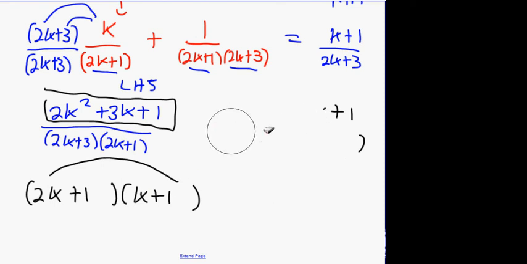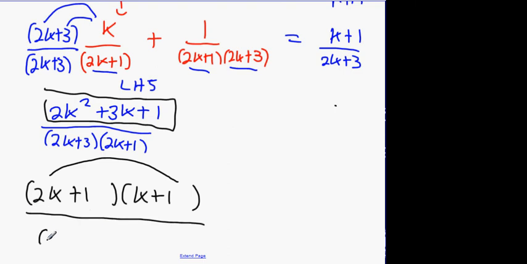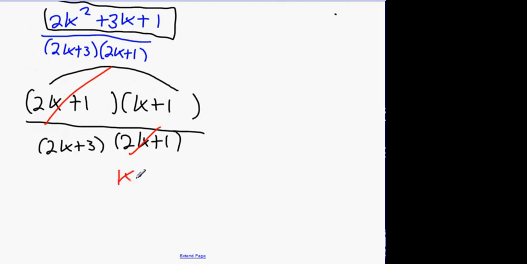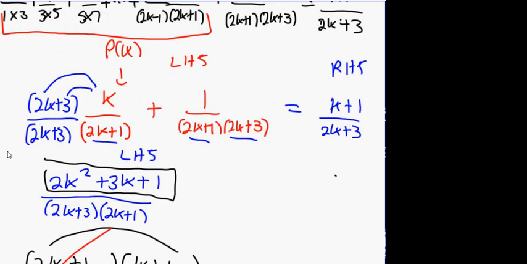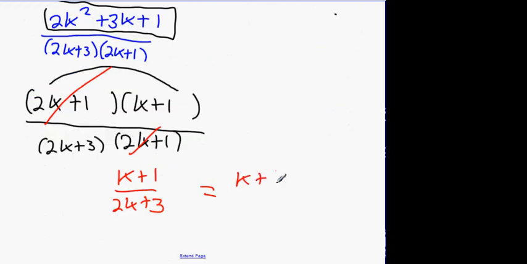And that's going to be all divided by 2k plus 3 into 2k plus 1. The 2k plus 1's cancel. And we're left with k plus 1 over 2k plus 3, and that also equals k plus 1 over 2k plus 3. LHS equals RHS.